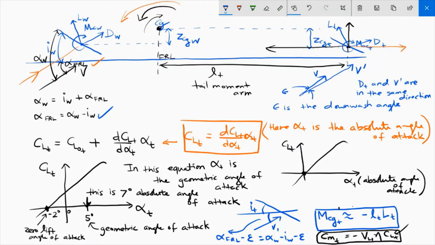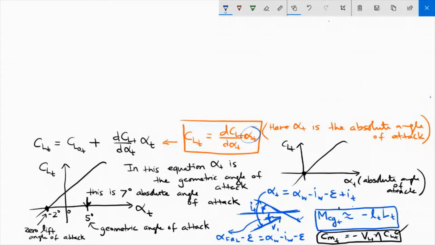Now, the angle of attack is the angle between the local relative wind and the chord line. Okay, so this is the alpha t. So we can say that alpha t is equal to this angle plus this angle, which is alpha W minus IW minus epsilon plus IT. In other words, now I will rewrite this alpha t as a combination of those other angles I have written there. All right, let's just go to this equation.